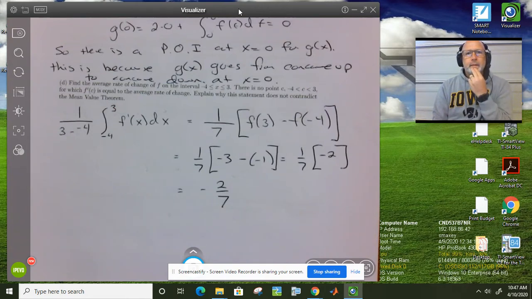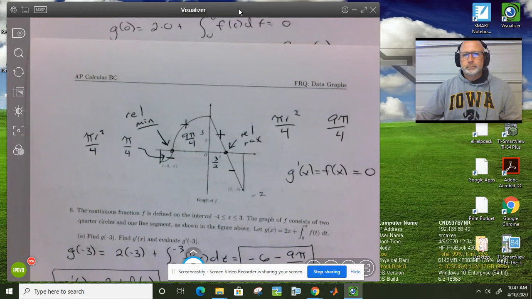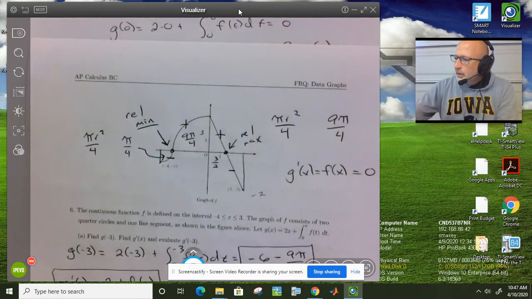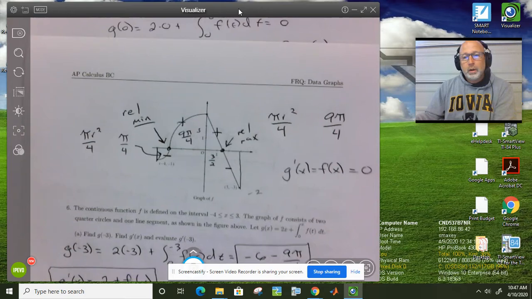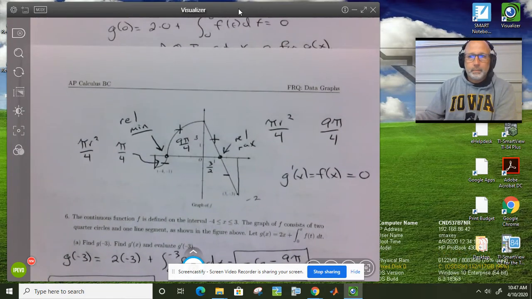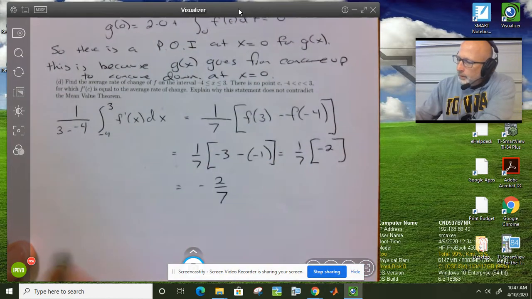Okay? So if I'm looking at f, is f differentiable on the interval from -4 to 3? No, it is not differentiable on the interval from -4 to 3, because you can see at this point it has a sharp corner, which means it's not differentiable.